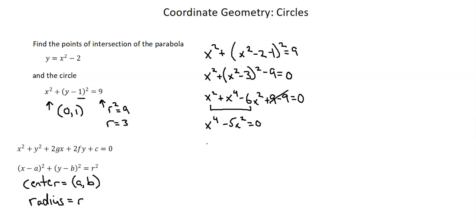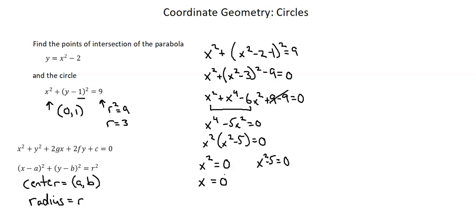One further simplification is to factor out x squared from both terms. x squared times quantity x squared minus 5 equals 0. If x squared equals 0, or if x squared minus 5 equals 0, this equation will be true. What x value causes x squared to be 0?